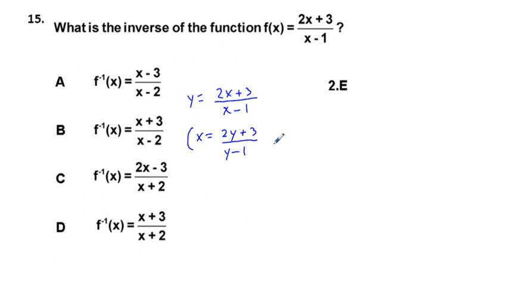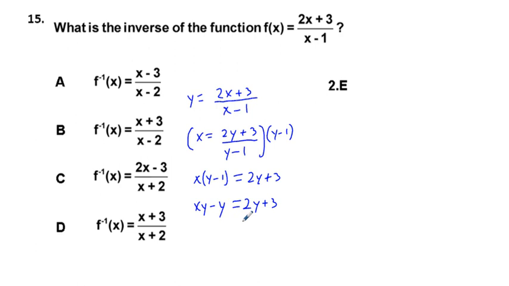Okay, if we cross multiply by y minus 1, on the left side we get x times y minus 1, and on the right side we get 2y plus 3. And we distribute on the left side, we get xy minus x, and on the right side we still get 2y plus 3. What we're going to do is bring everything with a y in it to the left side.